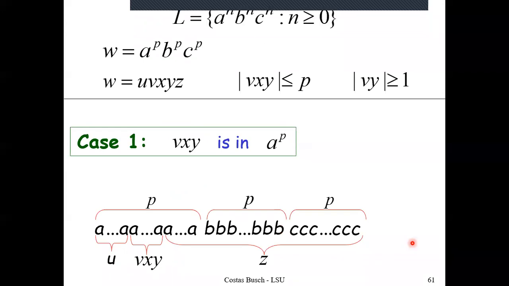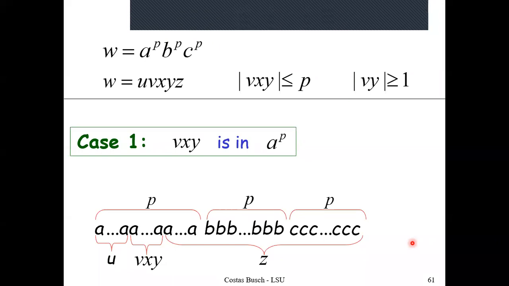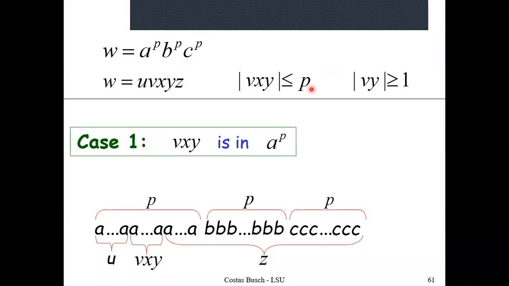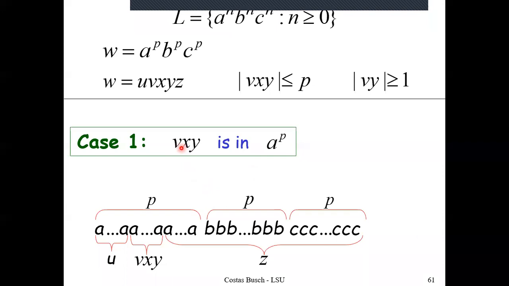Remember that there is a condition on the length of Vxy being bounded above by P. One way is when Vxy is in the first train of A's. Can somebody tell me what sort of contradiction I'm going to arrive at later?